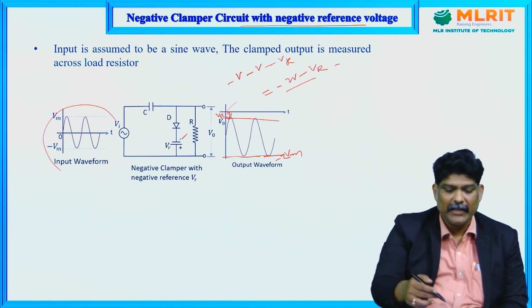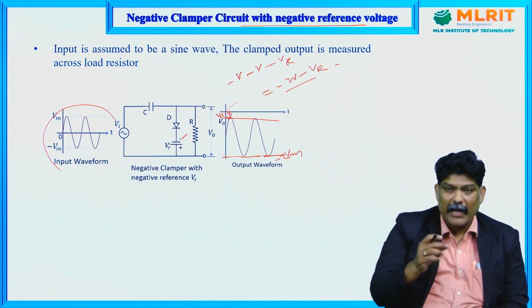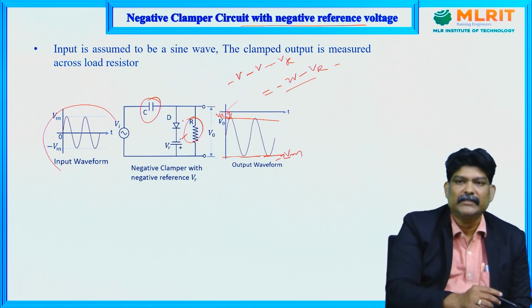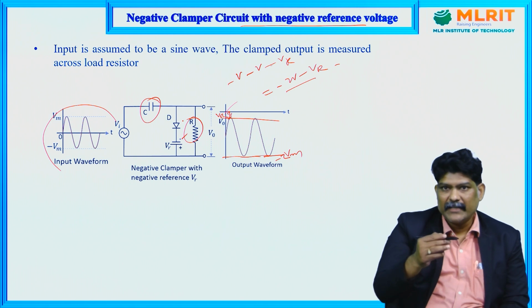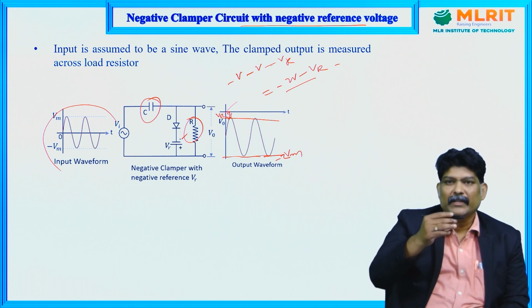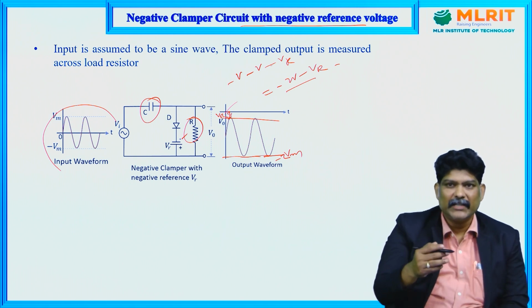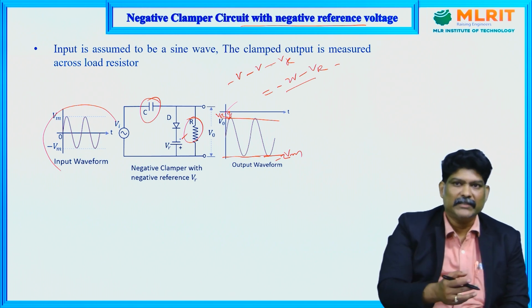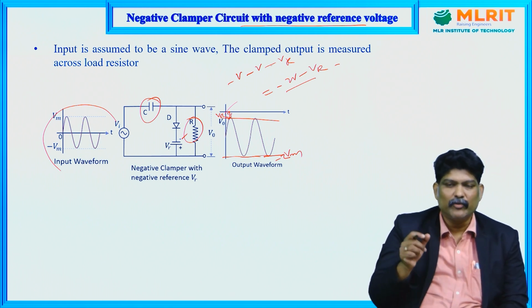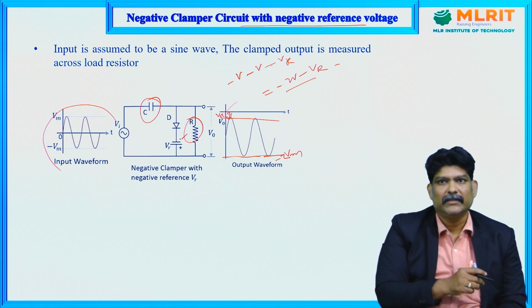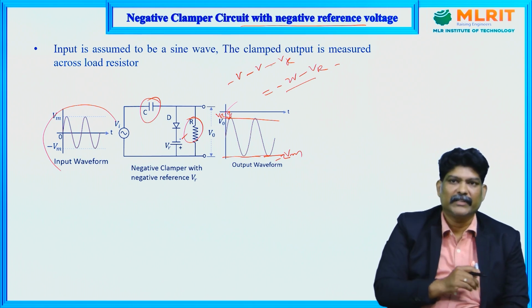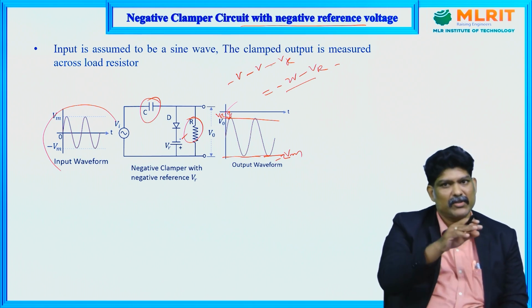We have to choose the values of the capacitor and the load resistor RL in such a way that the capacitor discharges slowly. The discharging time of the capacitor must be high compared to the charging time. The moment you apply the input signal, the capacitor must charge immediately, and during the negative half cycle, the capacitor must discharge slowly.